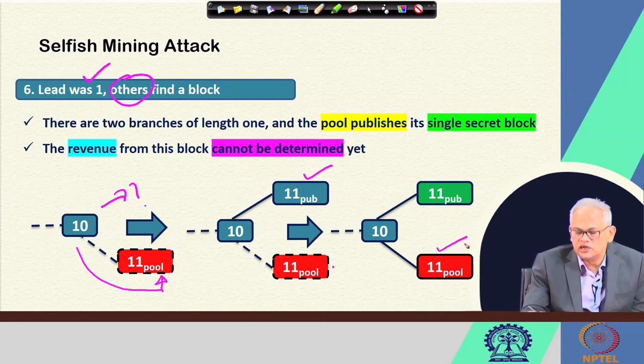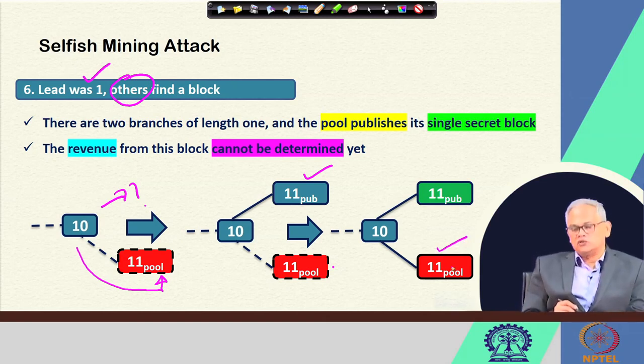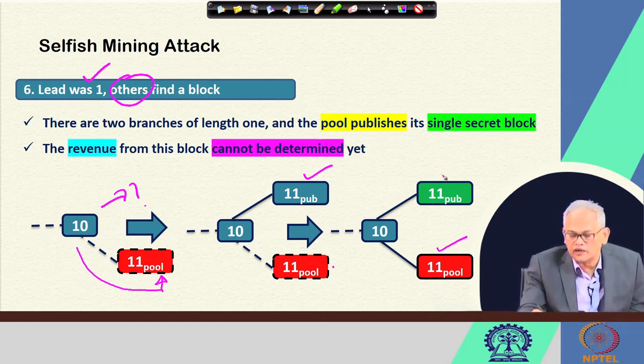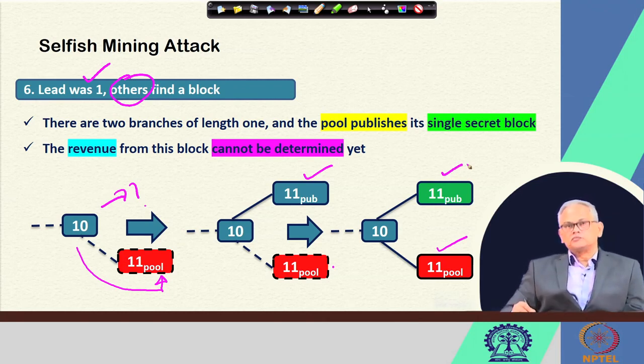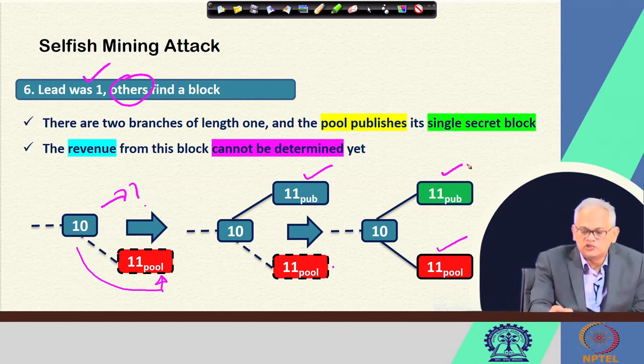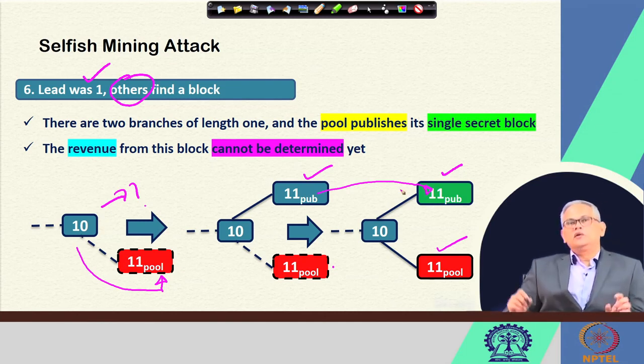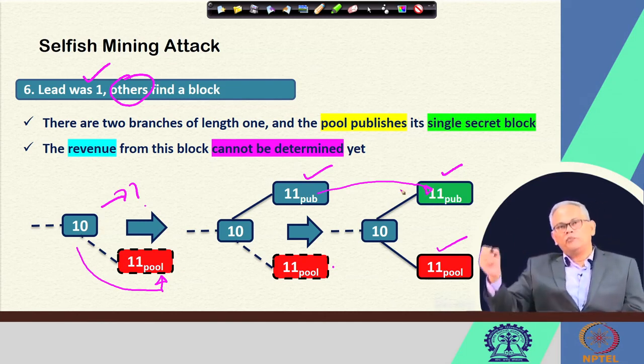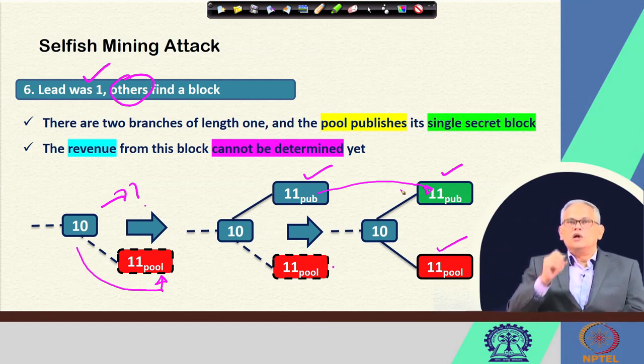So that is what we see here, that the attacker's pool has also published its block, and the public one is also 11 pub. But as soon as the attacker publishes it, we have changed the color from blue to green, meaning that now it is not determined whether the 11 pub or the 11 pool will be part of the longest chain.